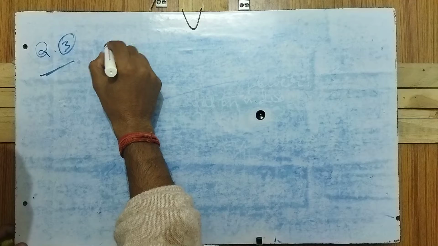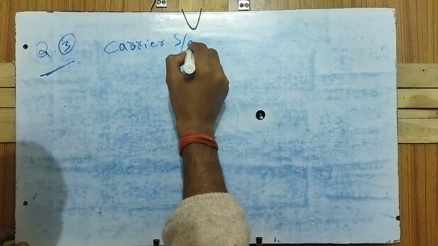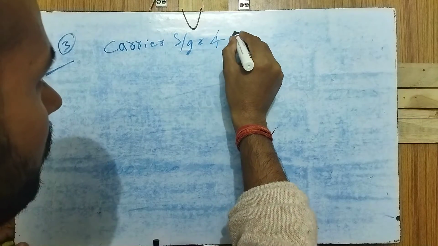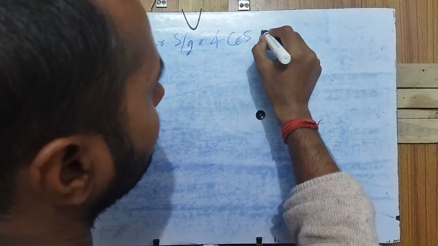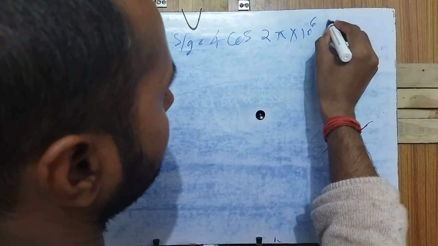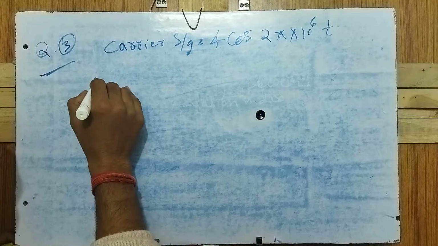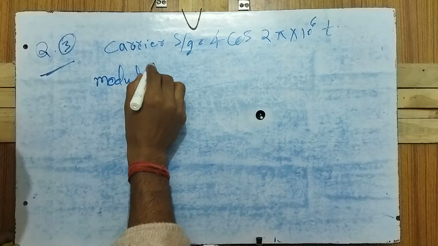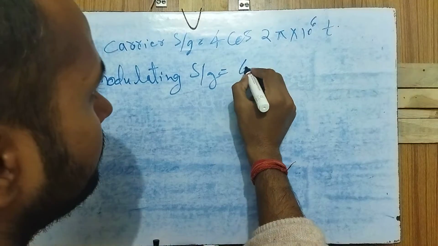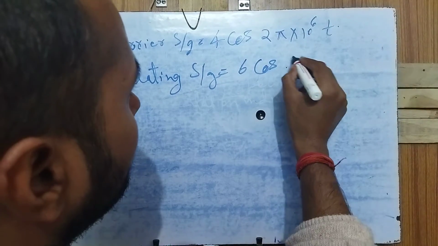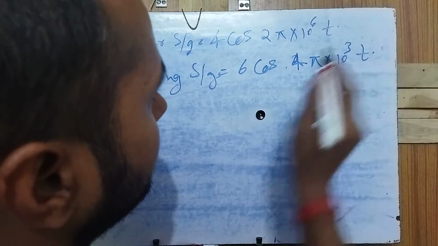The unmodulated signal, that is the carrier signal, is 4 cos 2 pi into 10 power 6 t, and the modulating signal is 6 cos 4 pi into 10 power 3 t.